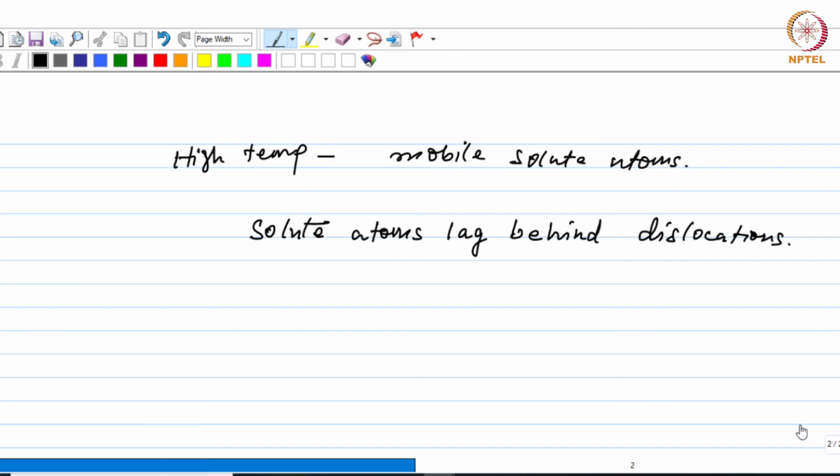So as the dislocation moves, there is an interaction stress which makes it difficult for the dislocations to continue their movement. And therefore this stress has to be overcome for the dislocations to continue their journey. And this stress is a function of the dislocation velocity.